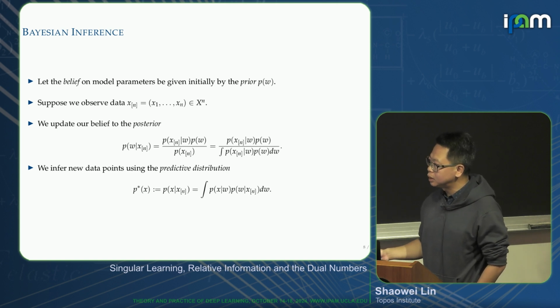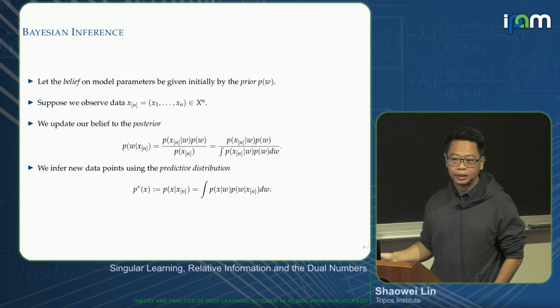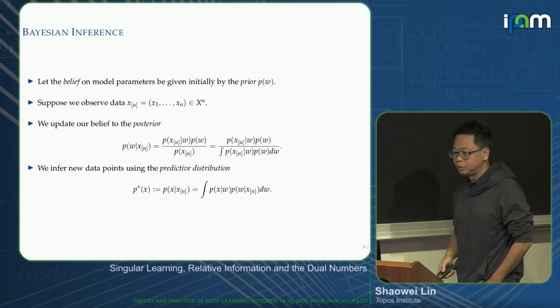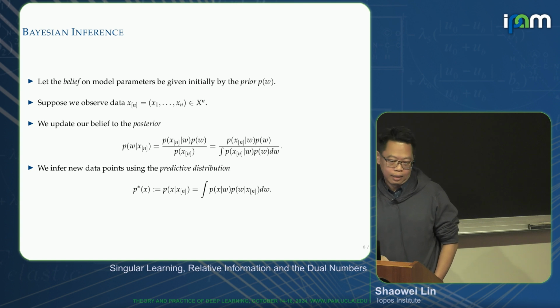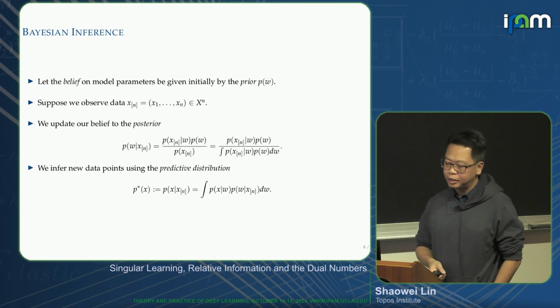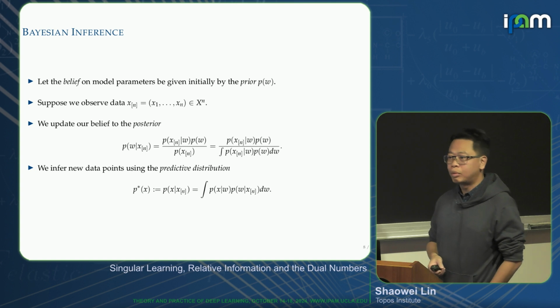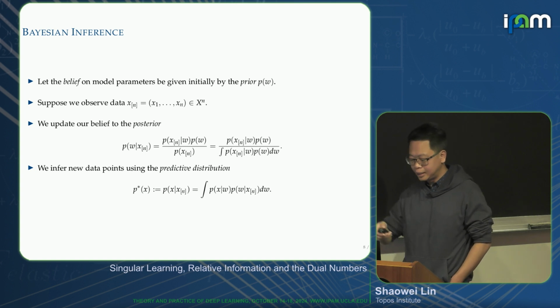The predictive distribution is the integral of the model P of x given w multiplied by the posterior. So this is a very simple approach to taking a parametric model and then trying to predict probabilities on new unseen data.